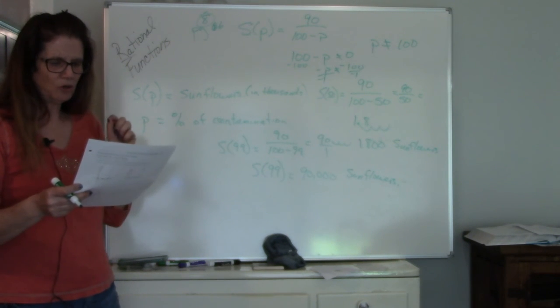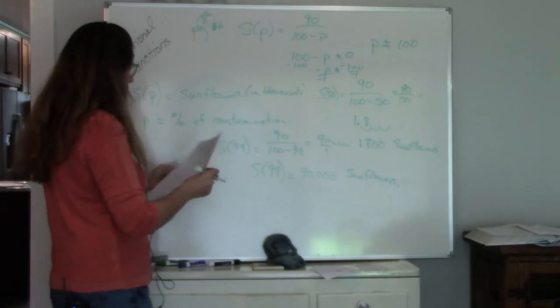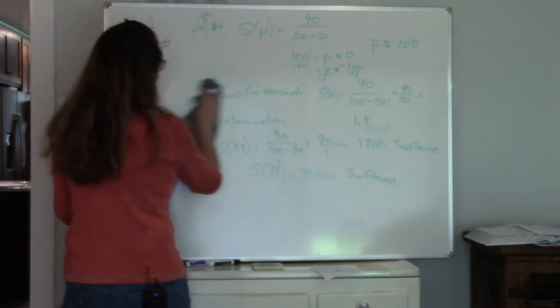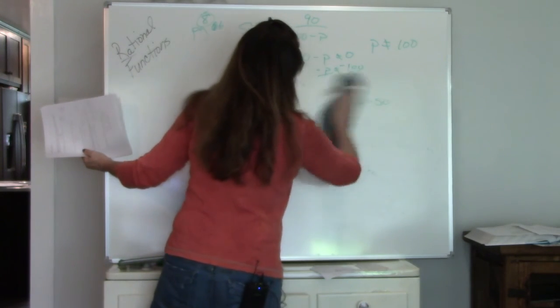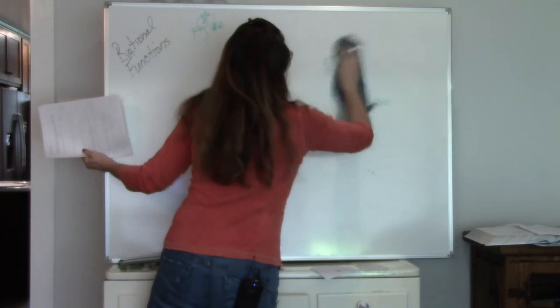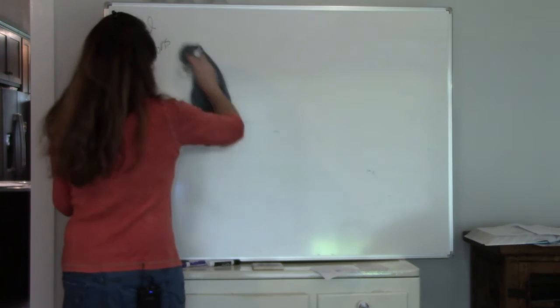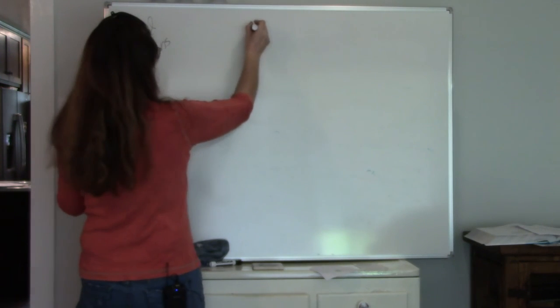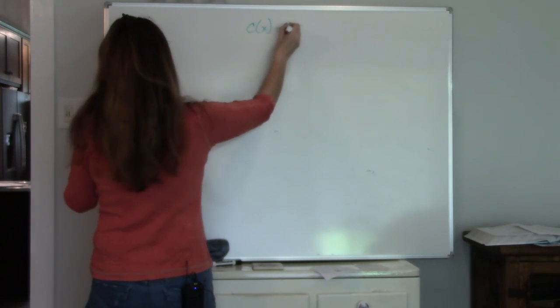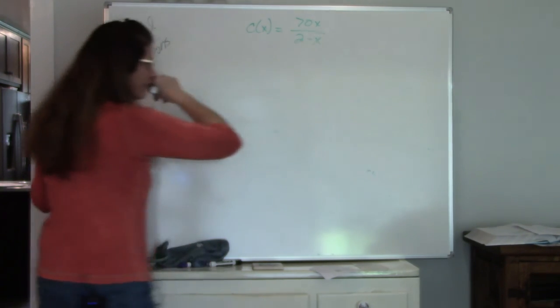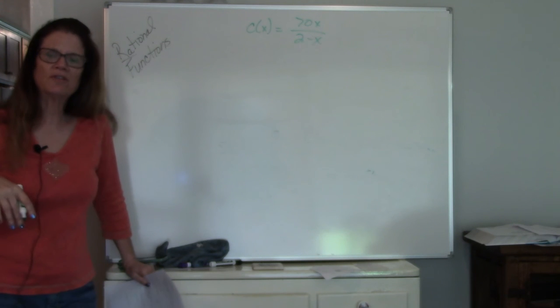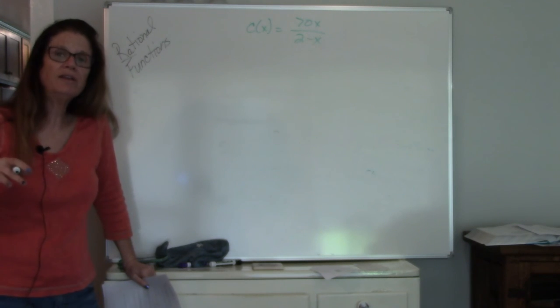Okay, so let's do number 9 real quick, and then that's all you have to remember or know how to do when you get to the rational functions. So this is number 9. Our function is cost, in terms of the Northwest Vista campus's pond.